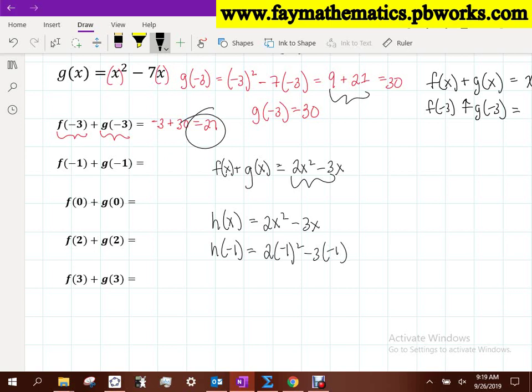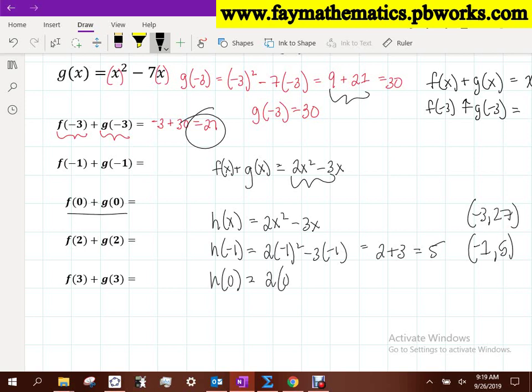And now, in my opinion, it becomes a much easier procedure, right? Negative 1 squared is 1 times 2 is 2, plus 3 is 5, right? So remember what that gives me, negative 1, comma 5. Previously, when we had this one, we had negative 3, comma 27. Okay, now we do f of 0 plus g of 0. Well, that's the same thing as asking what is h of 0. Hopefully, you don't even have to write this one down.